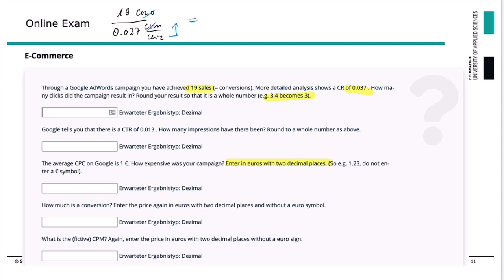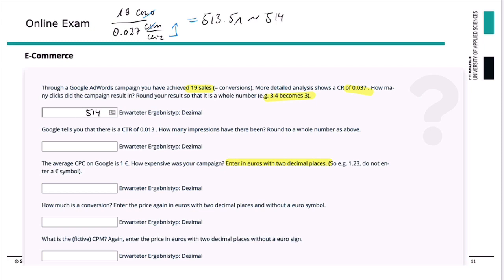I come up with 513.51 and so on. So I round it up to 514. And these are the 514 I will enter in here. So simply leave away all the decimal places after the digit and round up if the number is high enough.